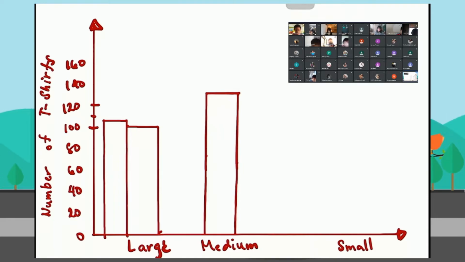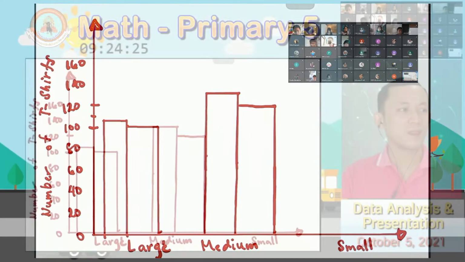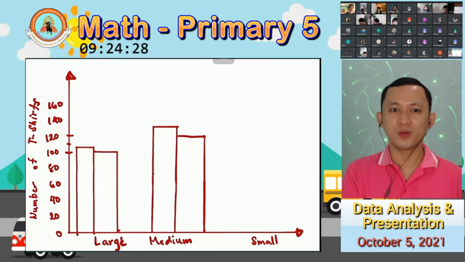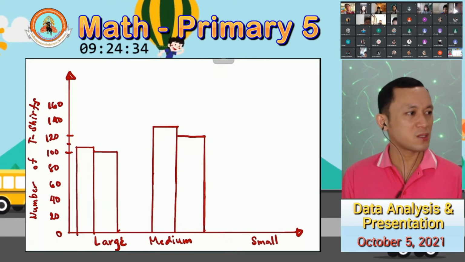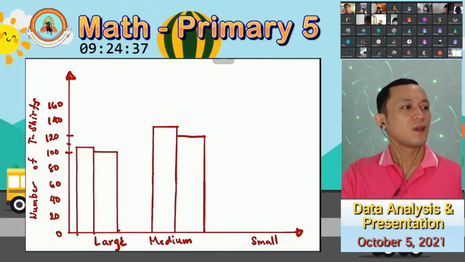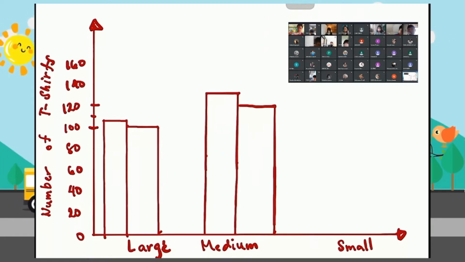It's very difficult to use the iPad, so you can use your paper, it's much easier, and then you can use the ruler. Next, small: how many shirts? 125. So 125 is like here.